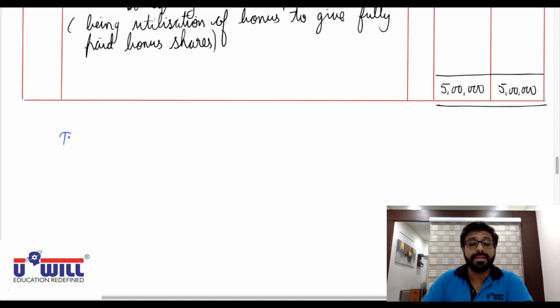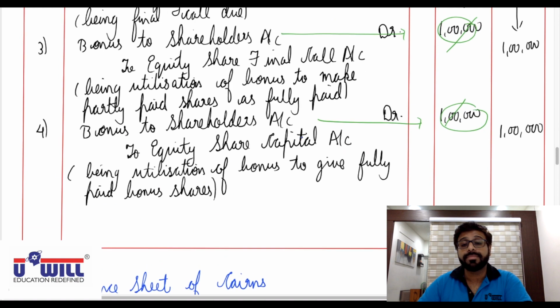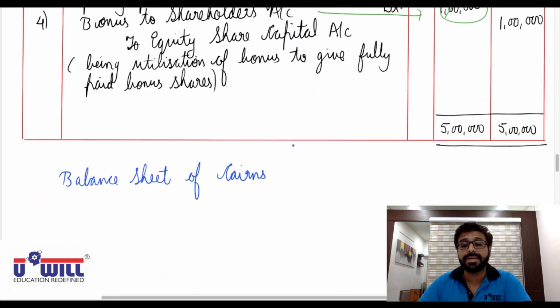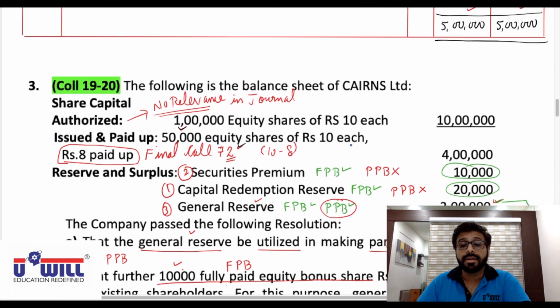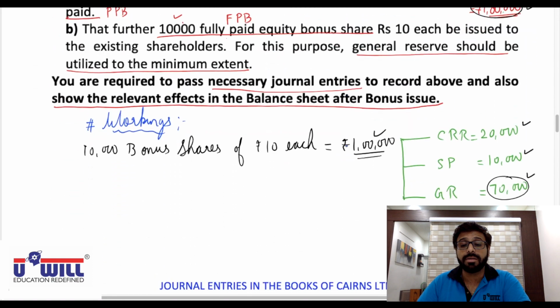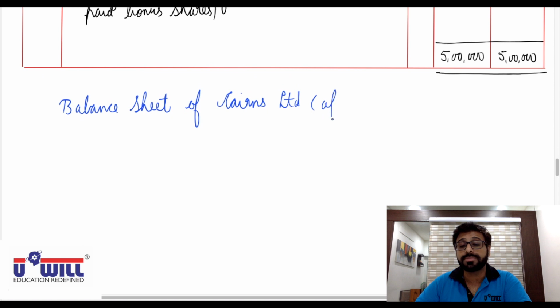So you can give a heading, balance sheet of Keynes Limited, in bracket after bonus. Okay, this balance sheet is after bonus.